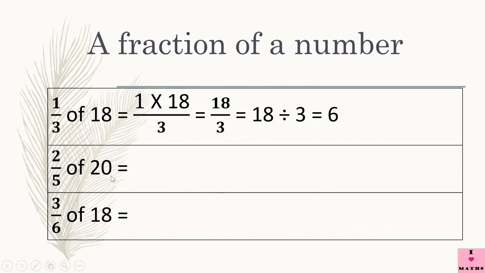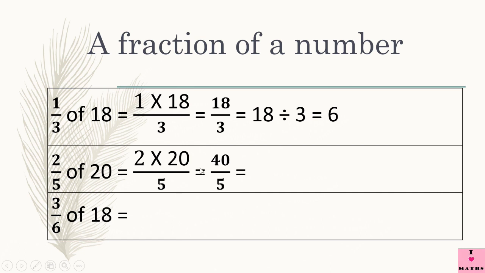2/5 of 20. Now you may find it difficult to calculate it mentally. Come, let's do it otherwise. 2 upon 5 of 20 means 2 upon 5 multiplied by 20, which is equal to 2 multiplied by 20 upon 5.